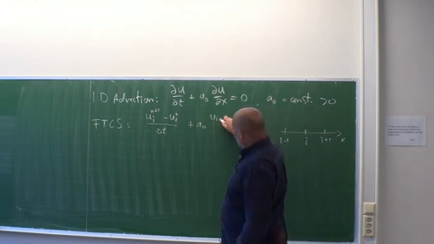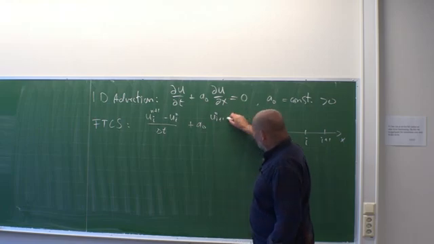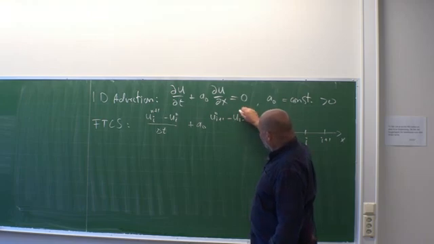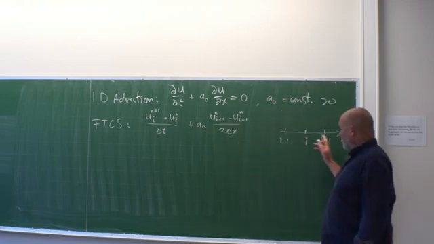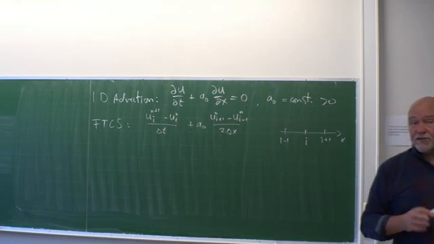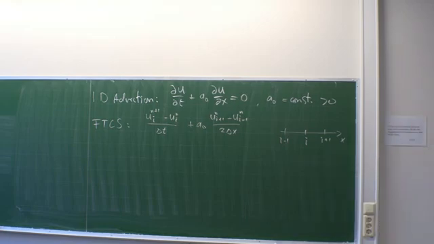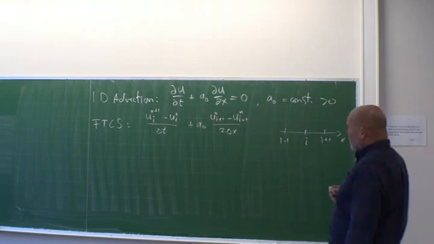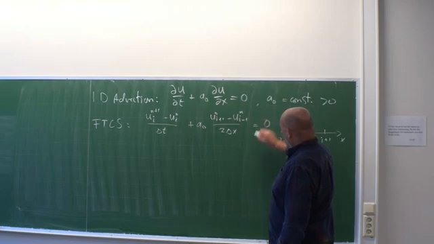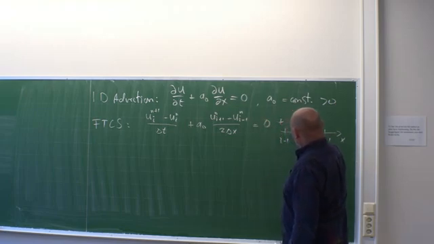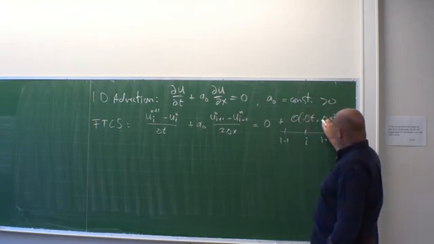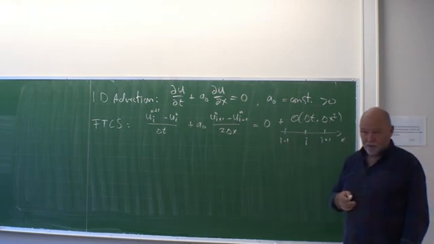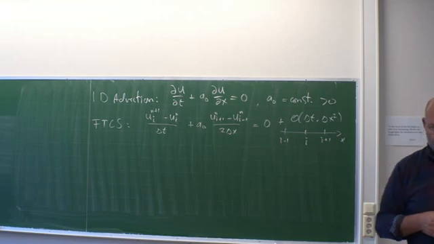So u i plus 1, time level n, minus u i minus 1, time level n, divided by 2 delta x, the distance between them. That's a second order numerical scheme. So this one is 0 plus order delta t, delta x squared. First order in time, second order in space. We'll see later how you find these orders.